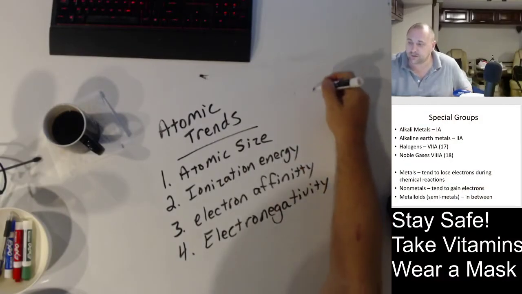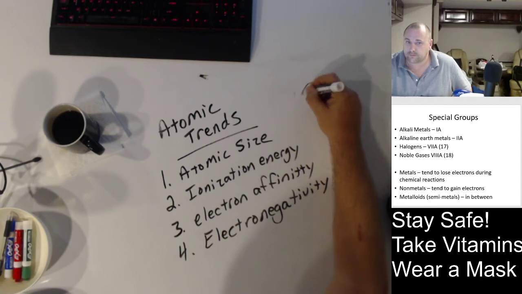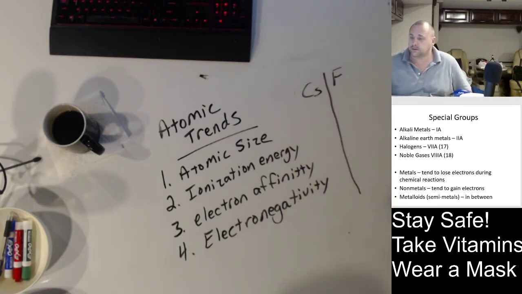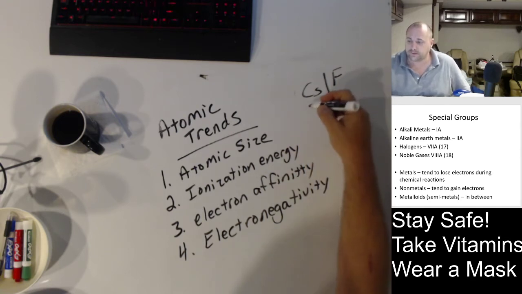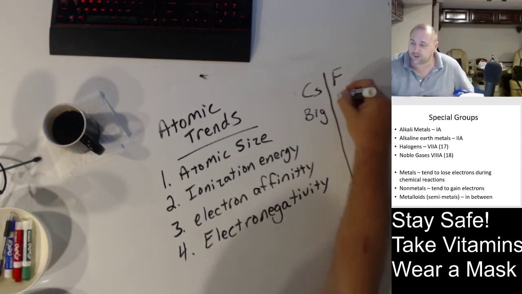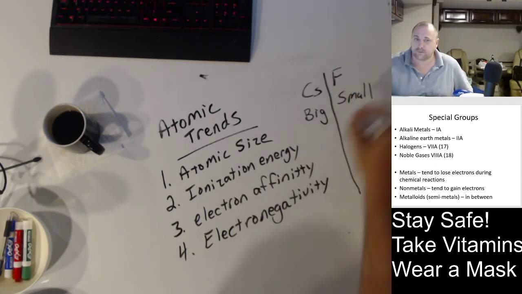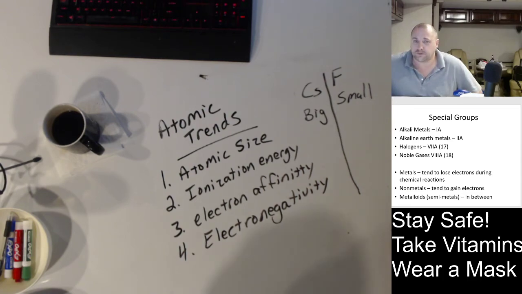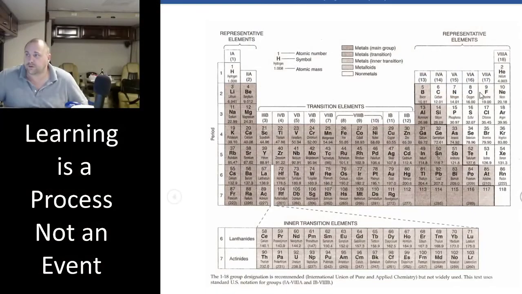Atomic size. I'm going to put cesium and fluorine. Those are my markers. For atomic size, cesium is really big. It's the biggest. And fluorine is small. It's the smallest. As long as I remember that the closer I get to fluorine, the smaller I am, and the closer I get to cesium, the bigger I am.